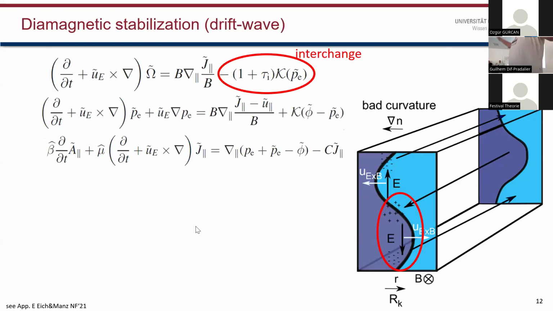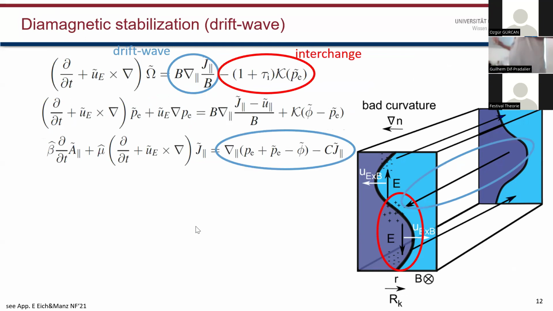Yeah. So if you want to do diamagnetic stabilization, you take the interchange part, which does the charge separation. You balance this by the parallel response of the drift wave. And then you solve for the potential equal to the pressure, which gives you some kind of Boltzmann relation. This is different by an i, and this is this i-delta model we have also seen before this morning.